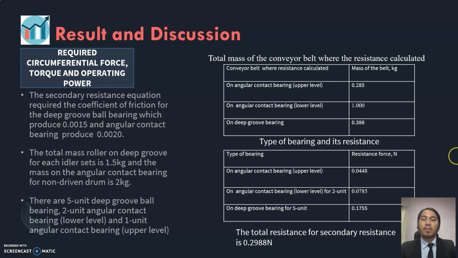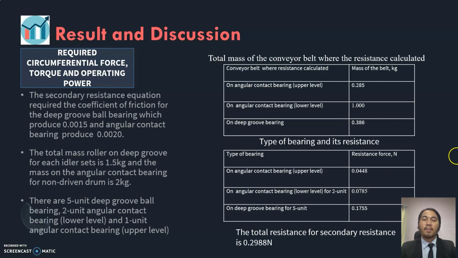The secondary resistance equation requires the coefficient of friction for the deep groove ball bearing, which is 0.0015, and for the angular contact bearing, 0.002. The total mass of the roller on the deep groove for each idler set is 1.5 kg, and the mass of the angular contact bearing for the non-driver drum is 2 kg. There are 5 units of deep groove ball bearing and 2 units of angular contact bearing at the lower level of the conveyor, and 1 unit of angular contact bearing at the upper level.